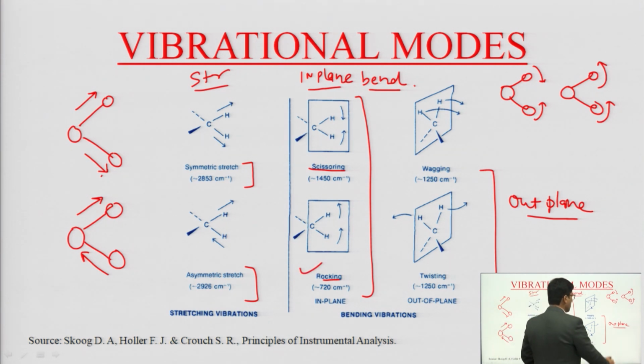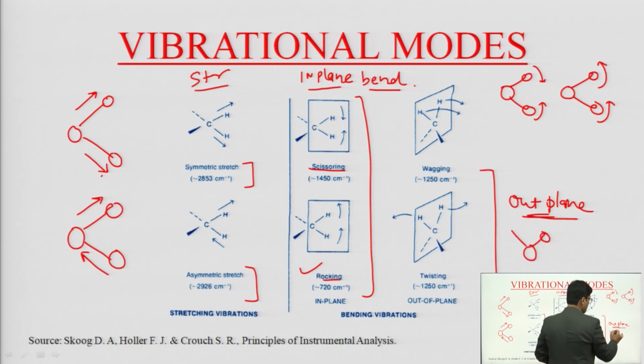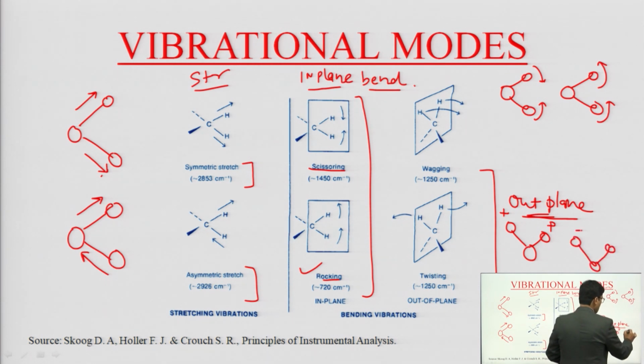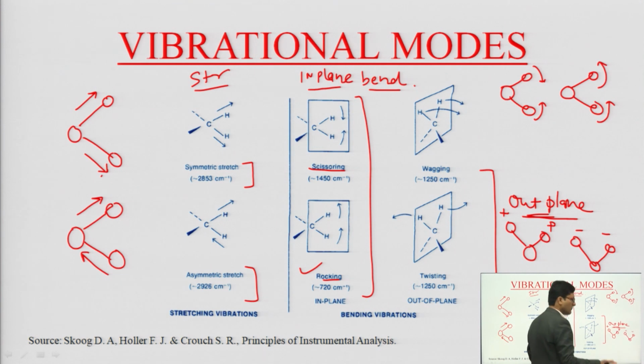In case of out-of-plane, the wagging motion is that motion in which both the atoms either go above the plane at the same time or both go below the plane. So, if both of the atoms that are connected to two different bonds are moving upward or downward, below the plane or above the plane, then it is a type of wagging motion.